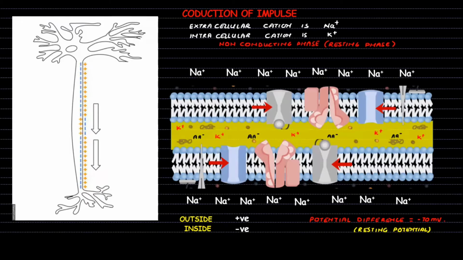This is true for every cell. Every cell in general, extracellular cation is sodium and intracellular cation is potassium. So during the non-conducting phase, outside charge is positive, inside charge is negative, and the potential difference is minus 70 millivolt. This potential we call resting potential.